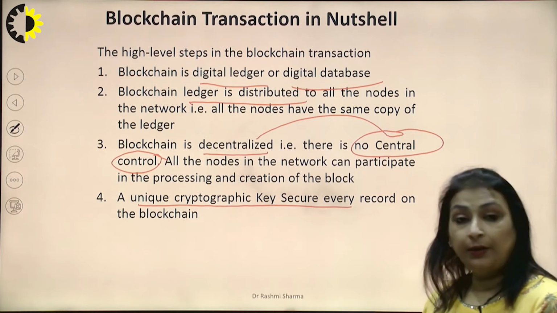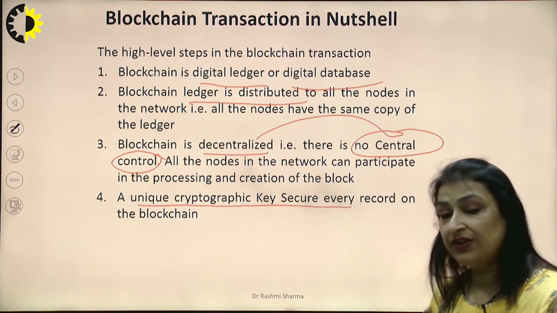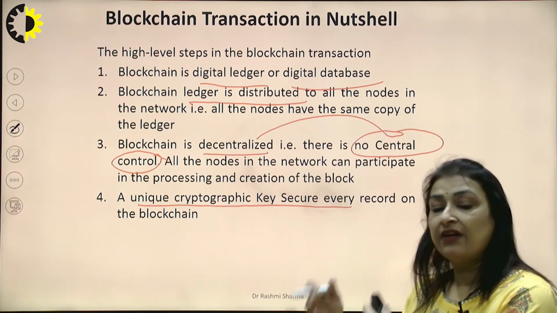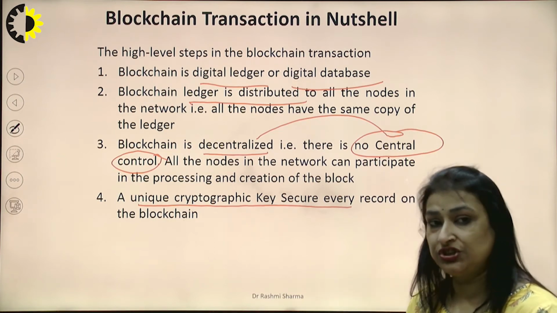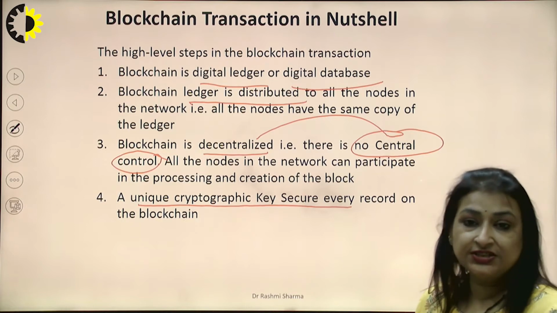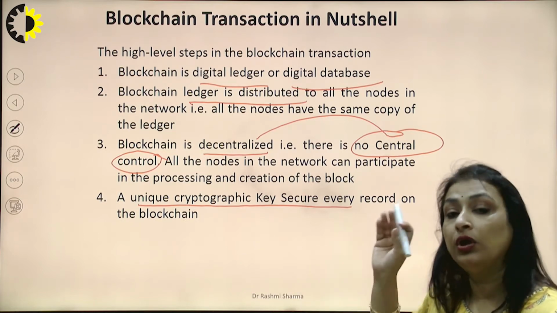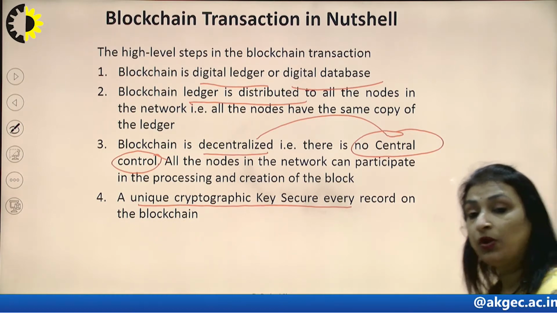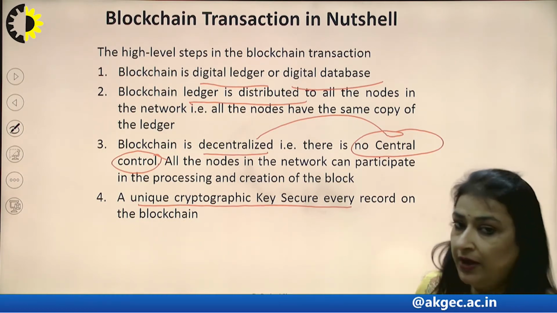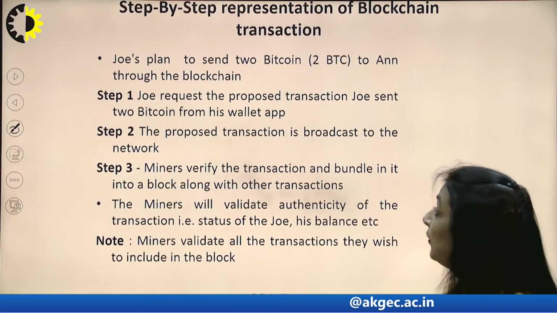So it is secure and nobody can tamper with it, as we have seen in the last videos, because the previous hash is included in the current hash. So chaining is there, and if we change something in one block, we have to change all the subsequent blocks, because we use the previous block's hash code as the hash code for the next block.